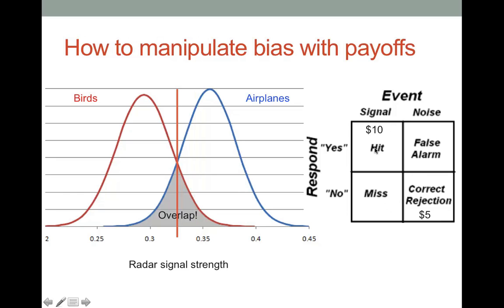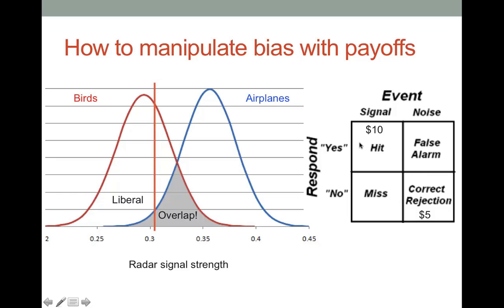Well, we want to get more hits, and the way to get more hits is to shift this left to a liberal criterion so that more of these airplanes we're calling airplanes. That comes at the cost of having fewer correct rejections. So you can see there is less of this bird distribution that is to the left of my criterion. But because those only pay us $5, we're willing to sacrifice some of those to get more of these hits.